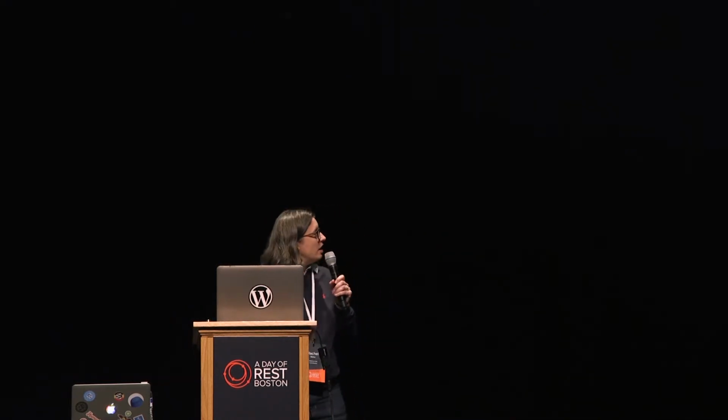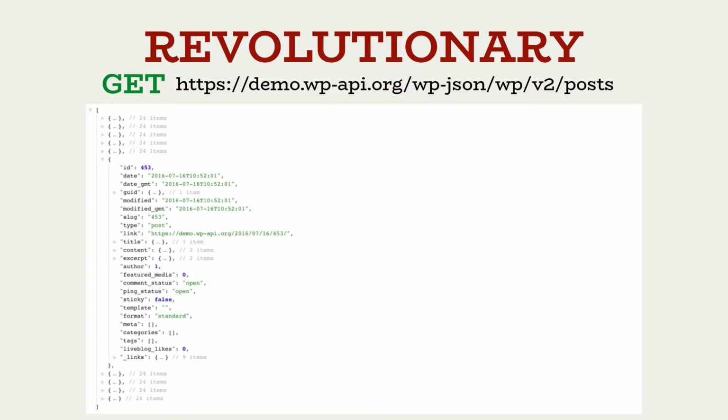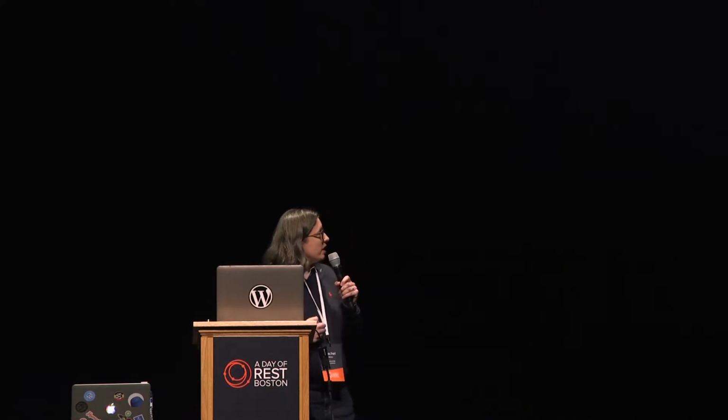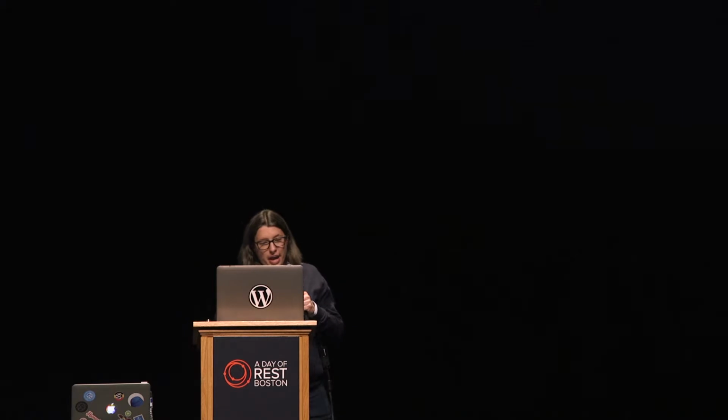The REST API infrastructure went in 4.4, but finally in about December, we have content endpoints. So this is revolutionary, right? It's not like Sam Adams, John Hancock kind of revolutionary, but like we are fighting against the tyranny of XML.